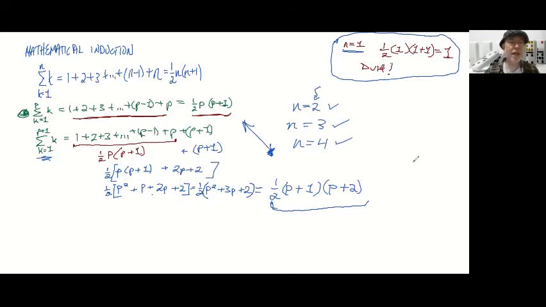n, in fact. So we want to summarize that using the sigma notation. What we did here is we showed that the sum of k, from k equals 1 to p, equals 1/2 of p times p plus 1.